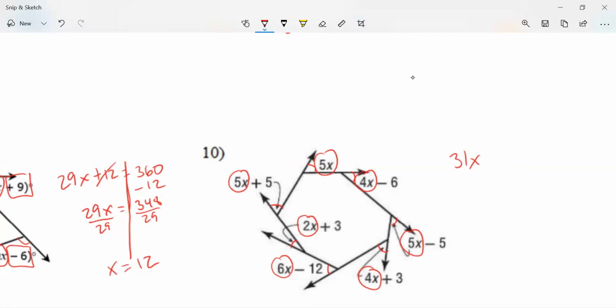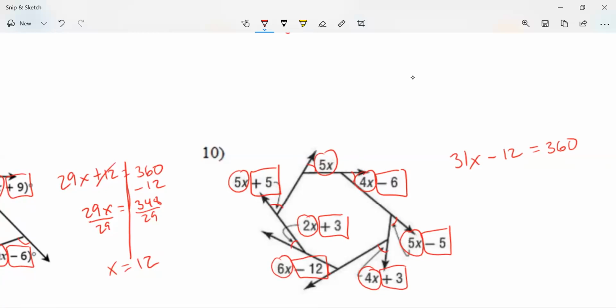Then let me combine the non-x terms. So positive 5 minus 6 plus 3 minus 12 minus 5 plus 3. I get negative 12. So 31x minus 12 is equal to 360.